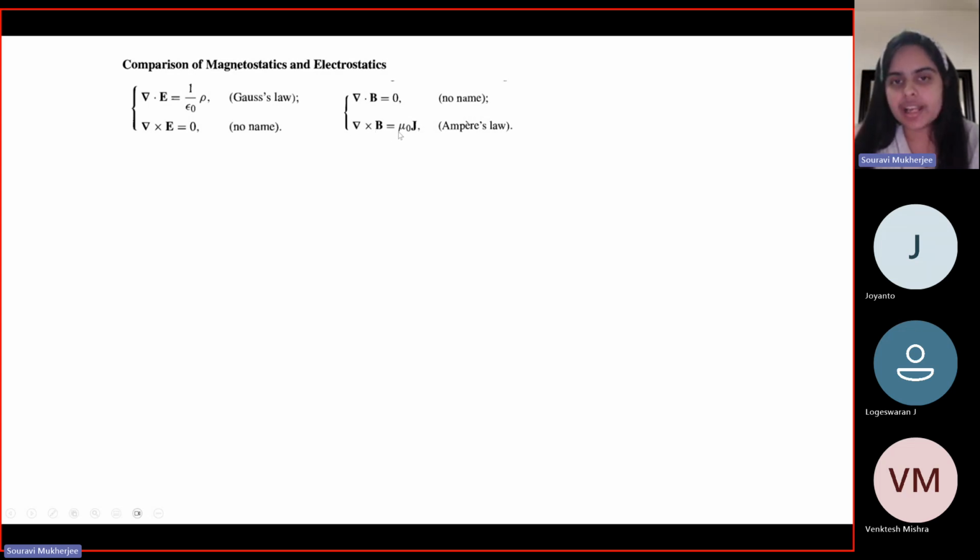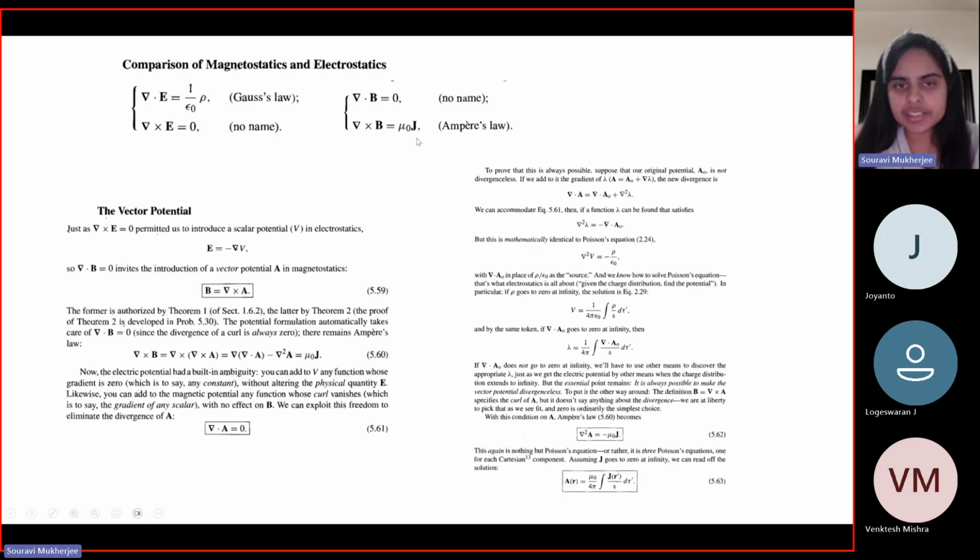And then here you have Ampere's law, which is given as curl of B equal to mu naught J. Okay. An interesting thing is that this specifies what your curl should be, right? It has no control over the divergence.